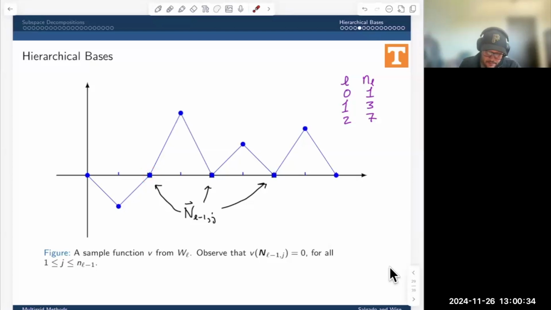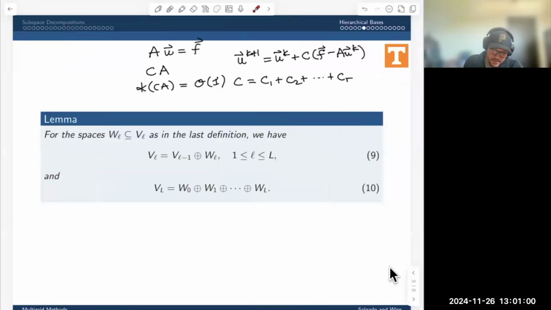But now, for the nodes that were added when we go to level L, those are the new nodes, I guess you could call them. So this one, this one, this one, and this one. We're going to allow the functions to have degrees of freedom at those nodes, but we're going to nullify the degrees of freedom at the nodes that were in the previous mesh, the mesh at the coarse level, L minus 1. All right, so that's what these spaces WL are.